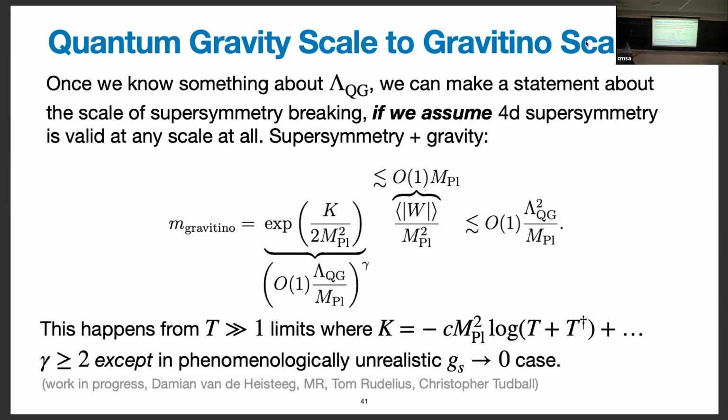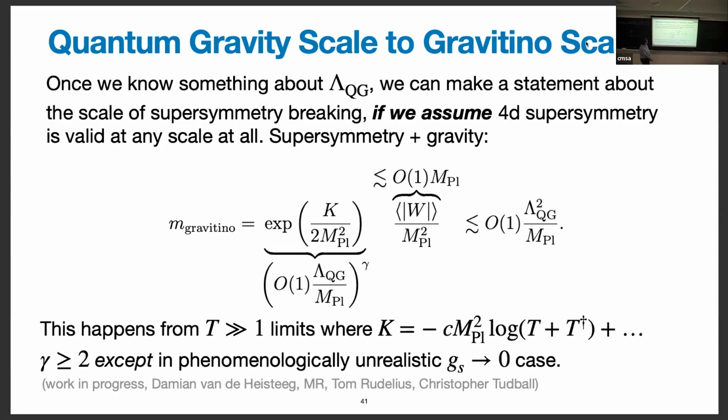But things like the gravitino mass, the formula for that is e to the K over 2 in Planck units times the superpotential in Planck units. And we expect that the superpotential is not very big in Planck units. It might be a little bit big. But this e to the K in infinite distance limits is becoming small, like a power of the species scale divided by the Planck scale.